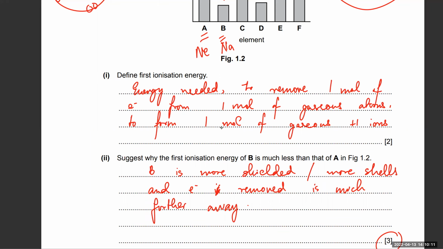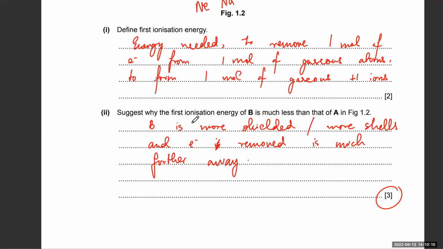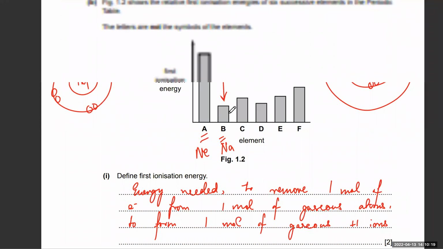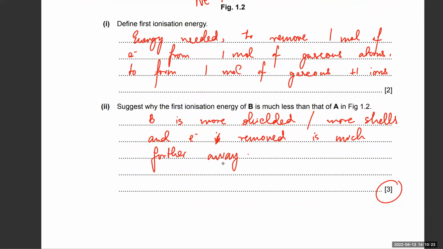And every time, remember, from now on, always remember, you've stated the facts, but you also have to state one statement at the end, that because of this, hence, attraction between electron and nucleus decreases.